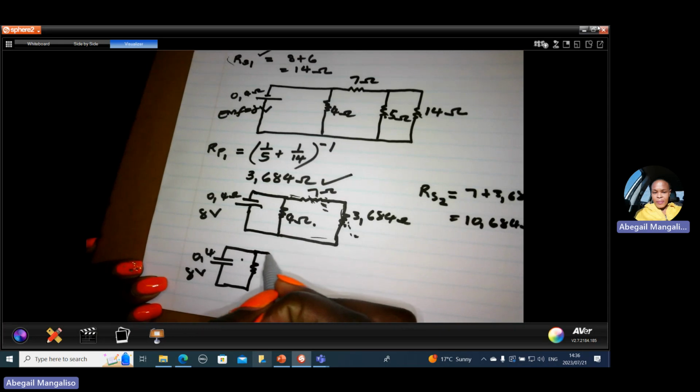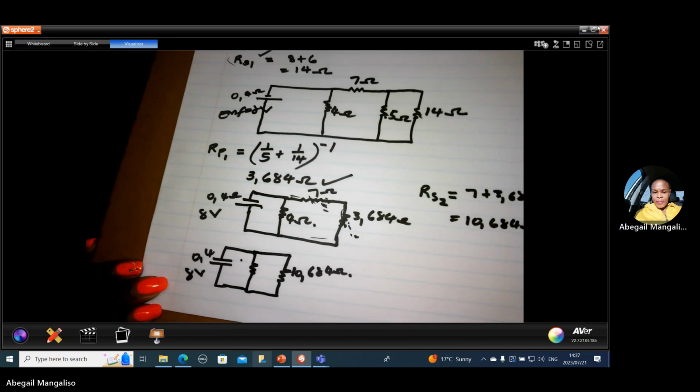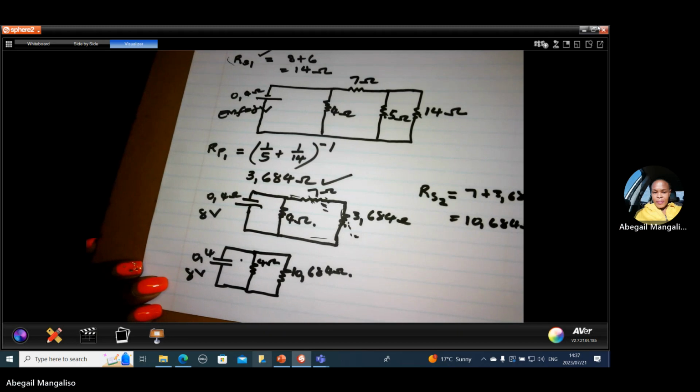But this side, this is one resistor of 10.684 ohm. This is 4 ohm. So far from the battery, these two, there is this junction here, so they are parallel.